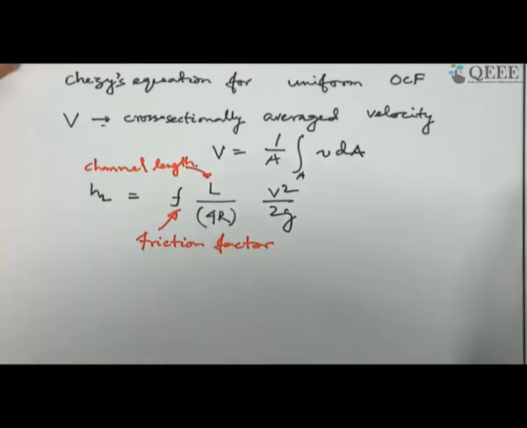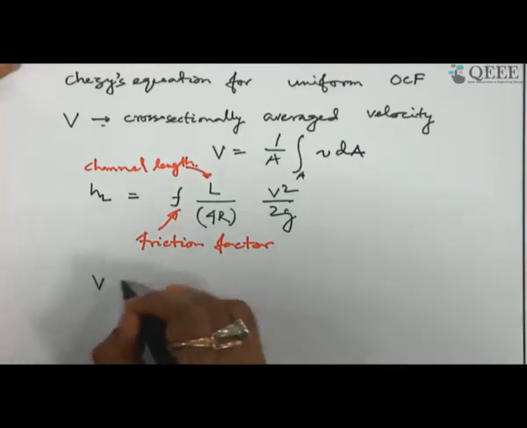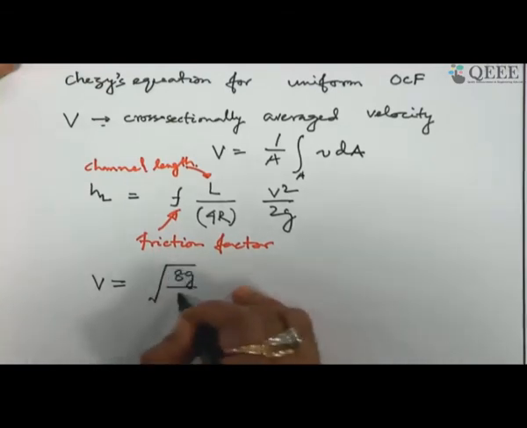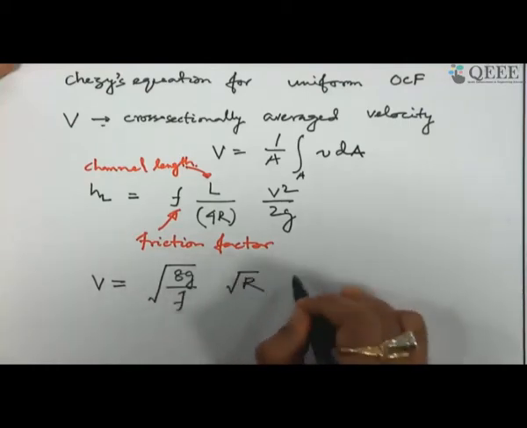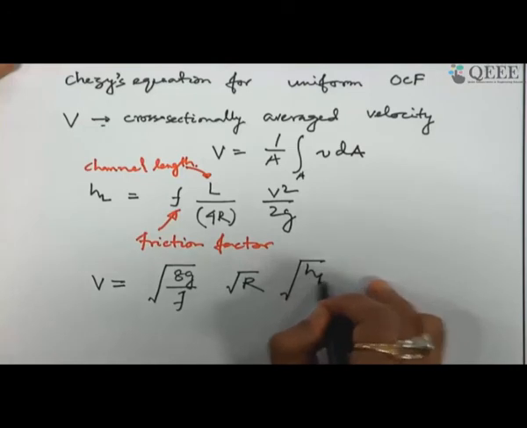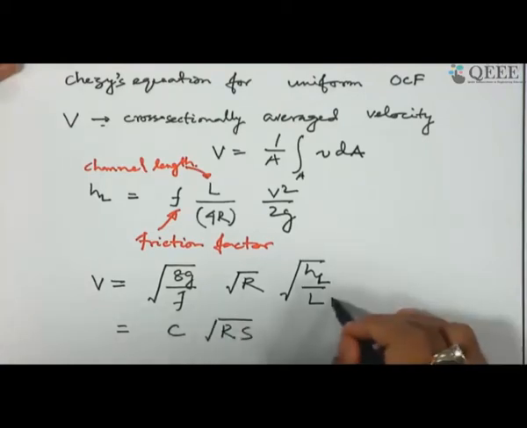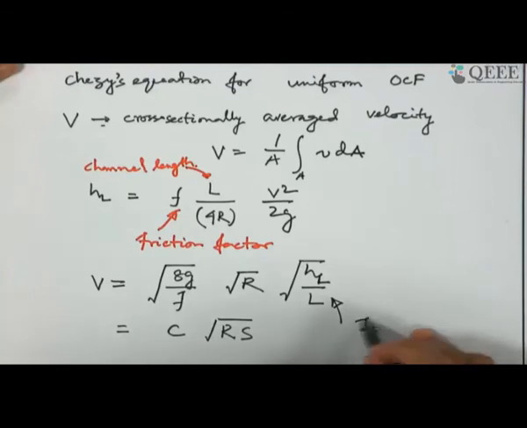So, in this case, if we represent V in terms of other quantities, we can write this as root of 8g by f, root R, and this hL by L, then we can write the equivalent expression, which is C root R into S. In this case, uniform flow, this Sf or slope of the energy gradient line will be equal to bed slope.